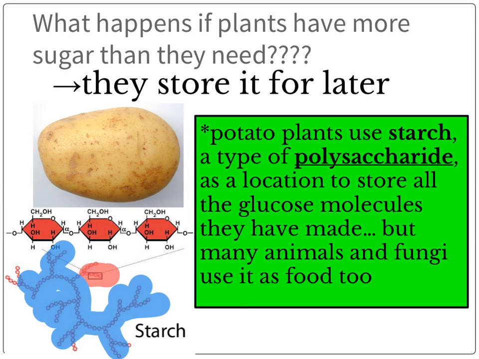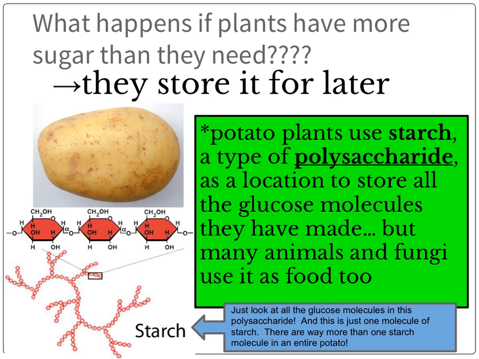But many-branched polysaccharides are things like starch, and they can actually be broken down by not only the plants and used for energy, they can actually be used by animals. So animals and funguses will use polysaccharides in the form of starch for food. Later we're going to learn that animals will actually take that starch and store it as their own polysaccharide called glycogen.